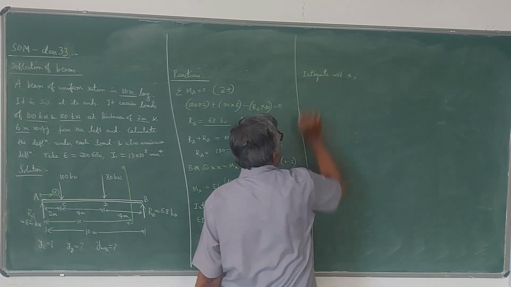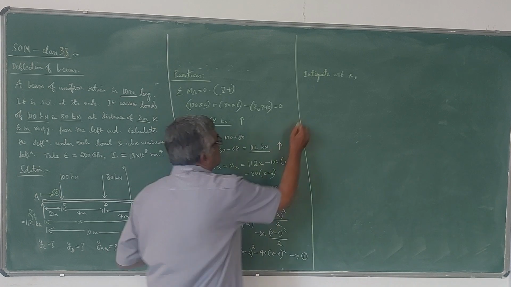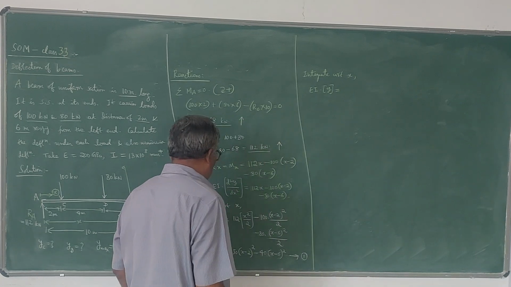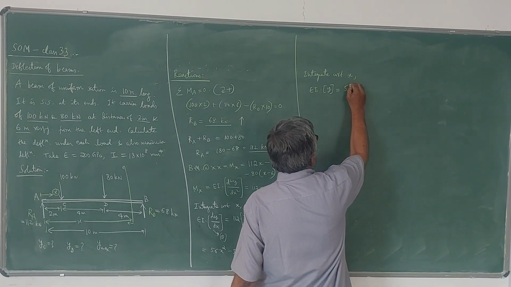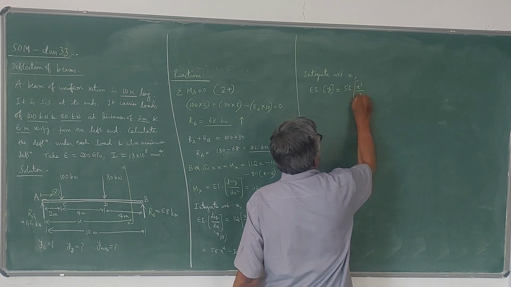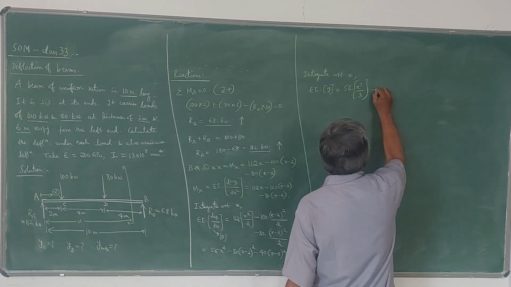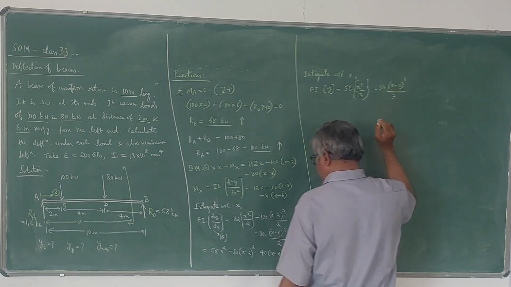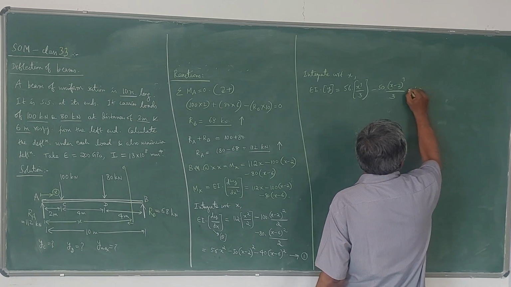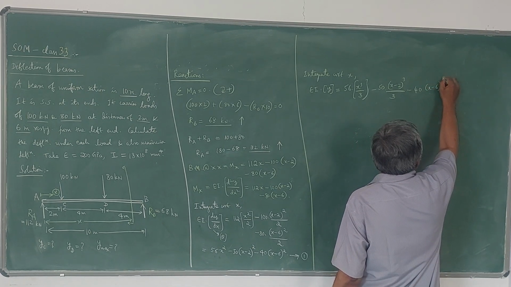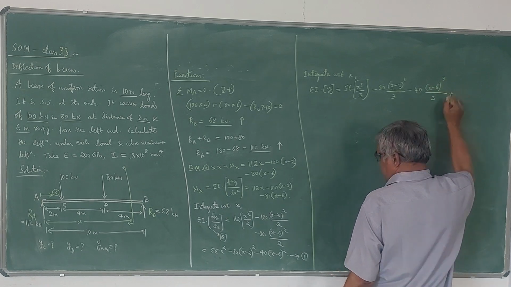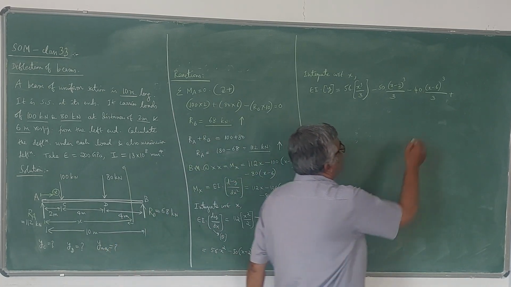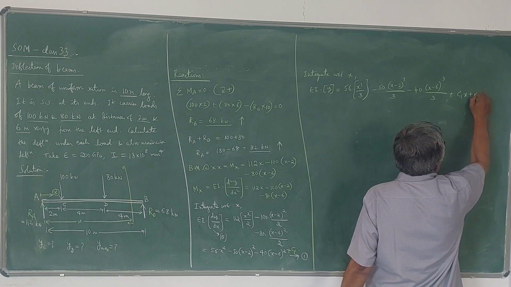So EI into y, because the integration of dy by dx is y, is equal to 56 into x cube by 3, minus 50 into (x minus 2) whole cube by 3, minus 40 into (x minus 6) whole cube by 3, plus, of course, here I have to add the constants of integration: c1 x plus c2.